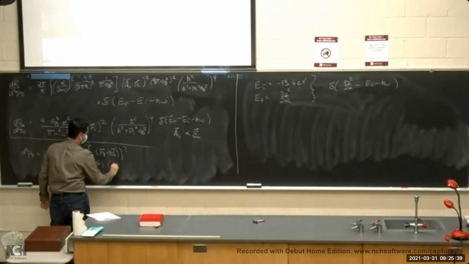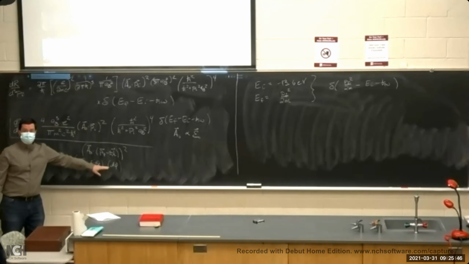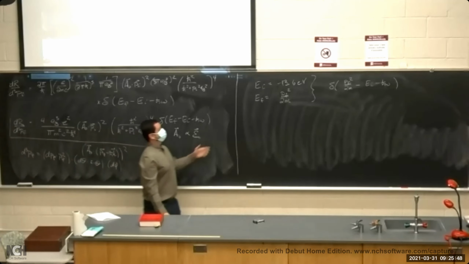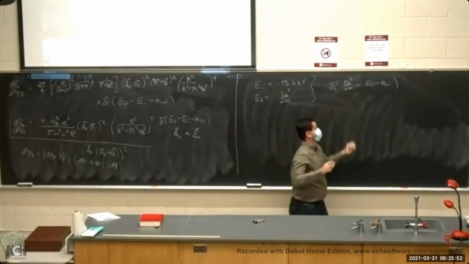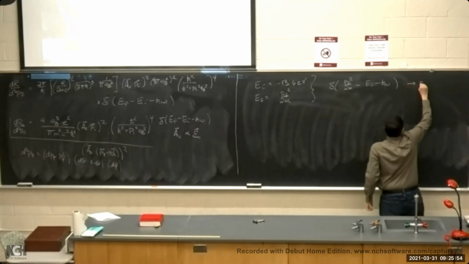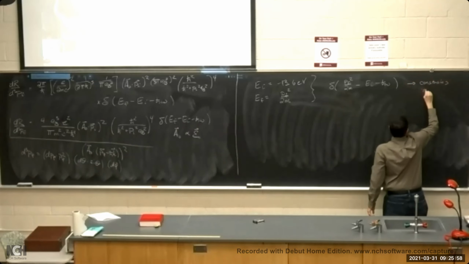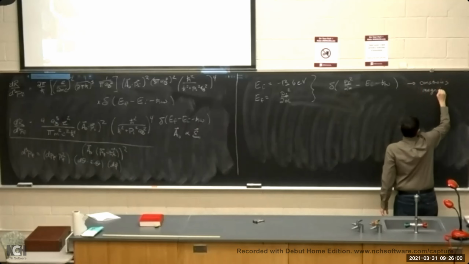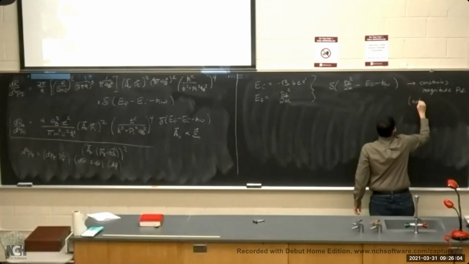And it's differential in d phi. So in terms of spherical coordinates, radius, polar angle, azimuthal angle, this delta function only imposes a constraint on the magnitude. It doesn't have anything to do with the direction. Magnitude P final, not direction.